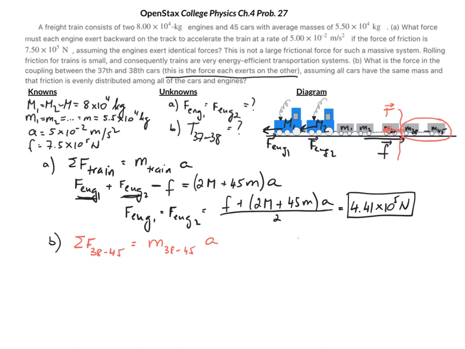All right, so the sum of the forces then is going to be this tension that pulls those cars along minus the friction. And we're told that the same amount of friction acts on all of the cars.